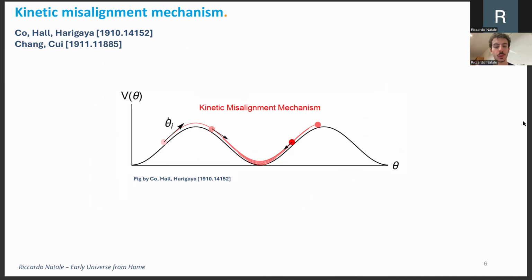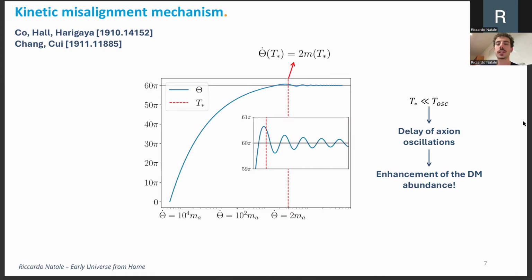And indeed, we have an initial very large kinetic energy for the axion, so large that it permits the axion to overshoot the barriers and roll over the axion potential. And at some point, it gets trapped in this axion potential once the axion velocity becomes of the order of the axion mass.